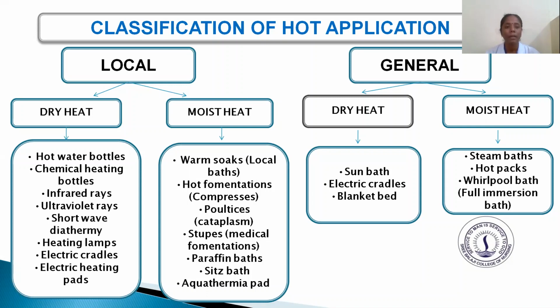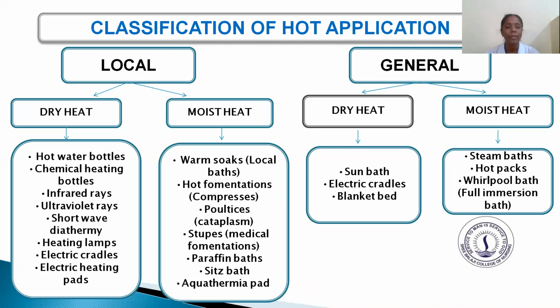Dry heat includes the hot water bottle, chemical heating bottle, infrared rays, ultraviolet rays, shortwave, diathermy, heating lamps, electric cradles, and electric heating pads. These are all the things that come under dry heat.